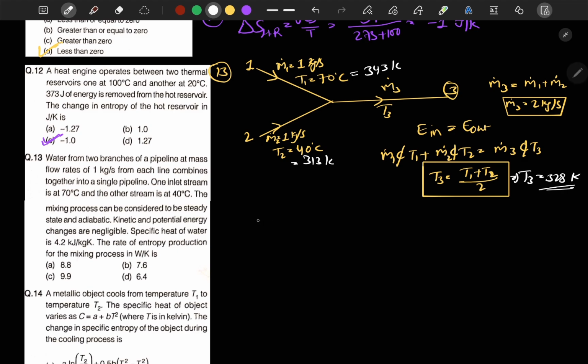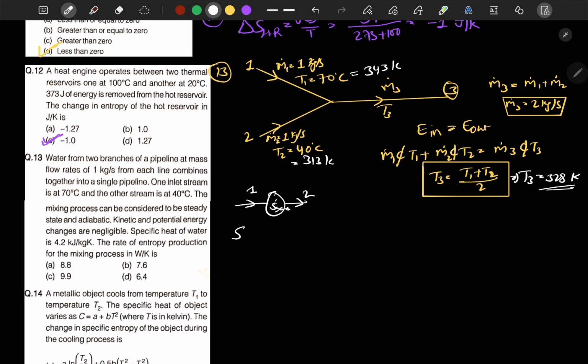Since it is asked to find the rate of entropy production, consider this simple system, inlet from 1, outlet from 2, and let's say entropy is being generated inside the system.